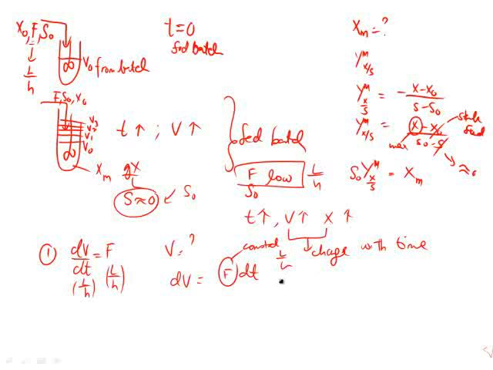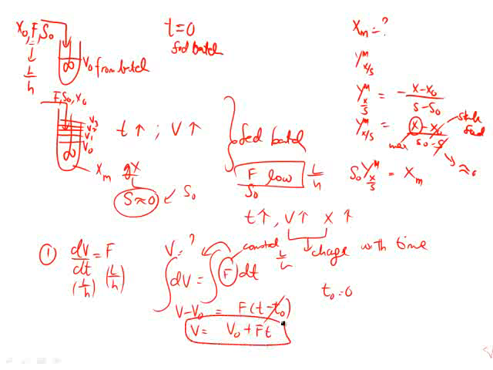Okay? So you integrate. So what do you get? V minus V naught equals F times (T minus T naught). Alright? T naught is 0. So V equals V naught plus Ft. So that is the equation for volume.